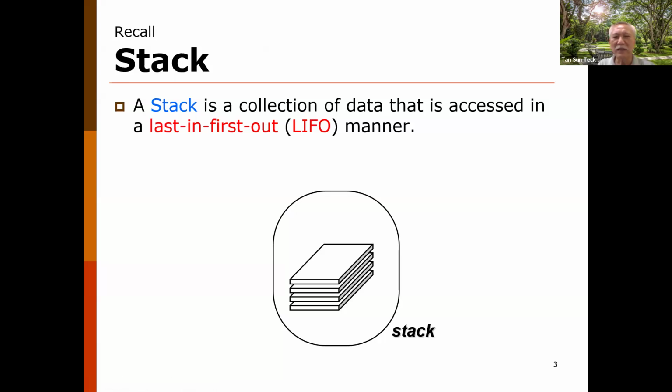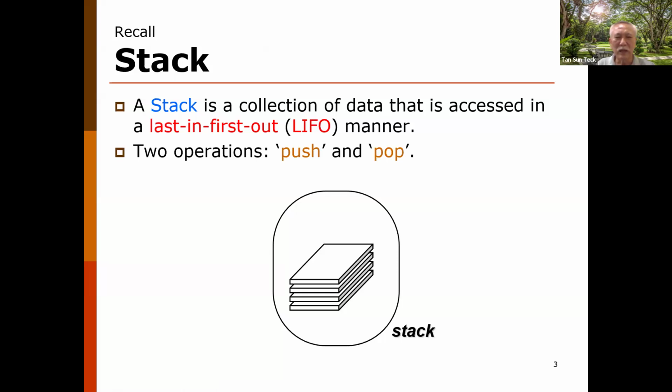A stack is a collection of data that is accessed in a last in, first out manner, LIFO. A stack is basically an ADT with three basic operations. Of course, there are other methods that allow us to do other things, but basically you have push and pop, the two main operations.